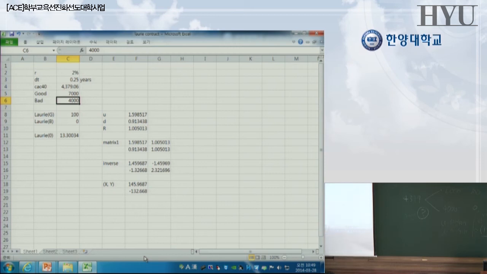Okay, so if you think this gap between the two increases, this one goes down. Okay, so let's increase the gap by reducing the value.